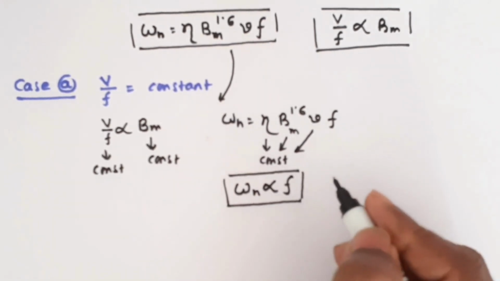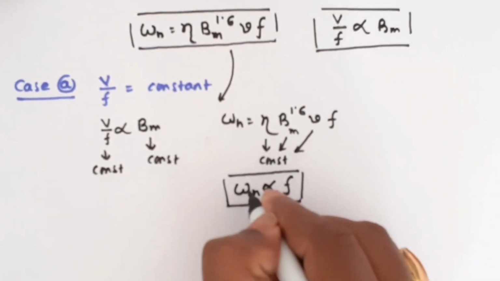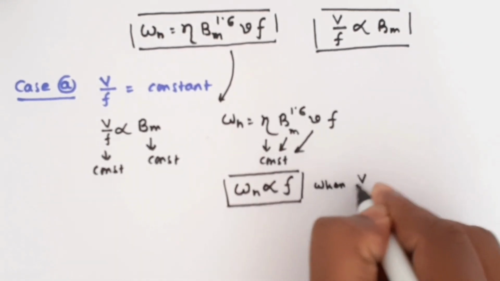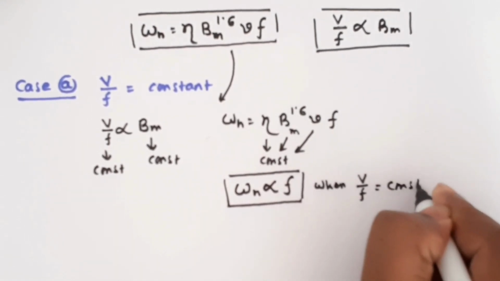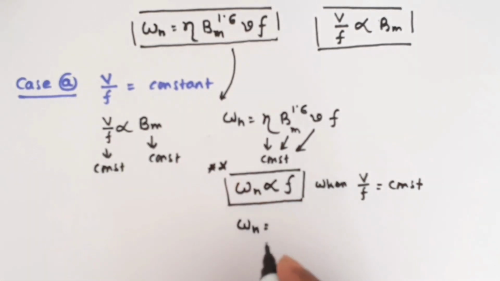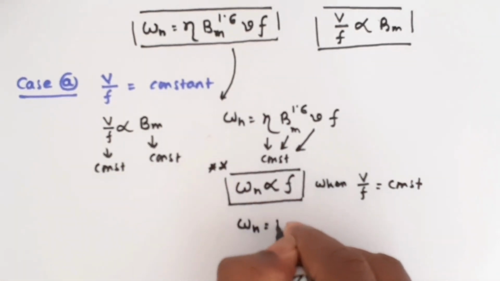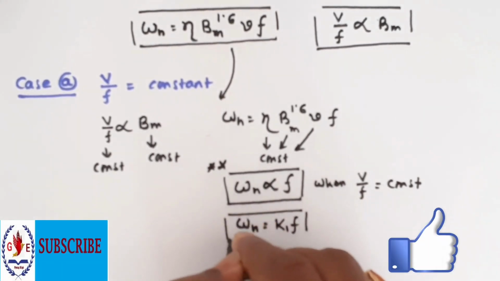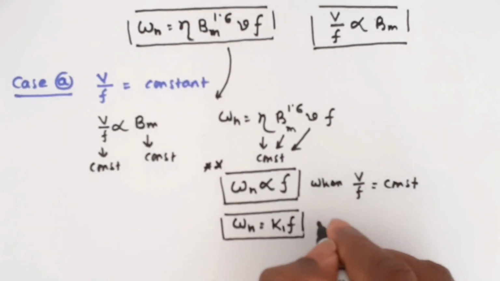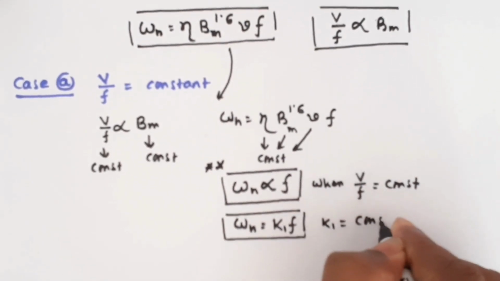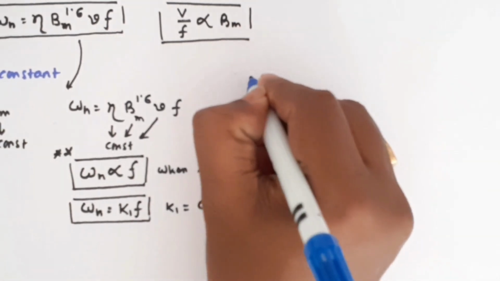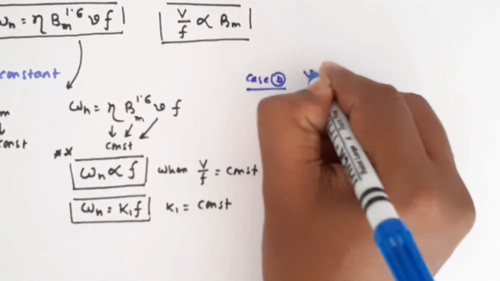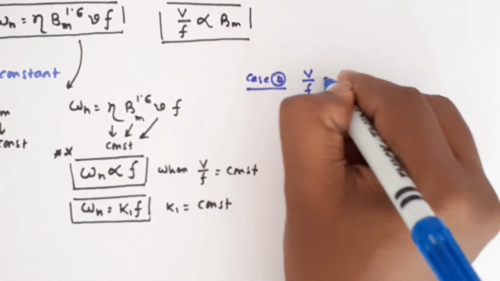We have to always remember this: W_H is proportional to frequency when V by F equal to constant. Therefore, I can write W_H equal to some constant K1 into F, where K1 is the constant. Now, case B. When V by F is not constant, it is variable.